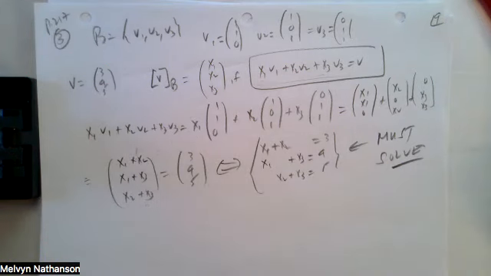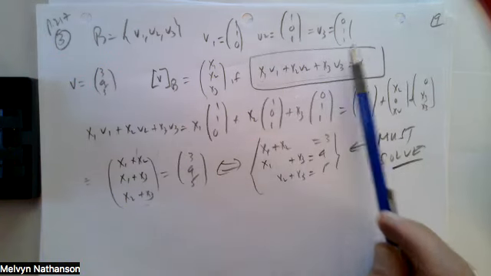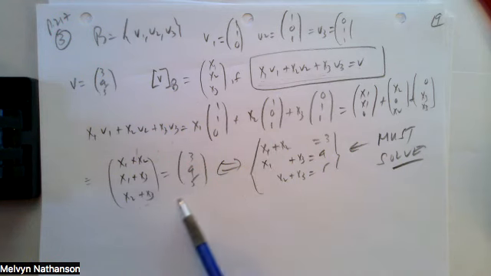But let me pause for a minute and give you a chance just to look at this so you understand how the problem is set up. This is what we do so we can start to solve the problem. We haven't solved the problem yet. We want to express the vector 3, 4, 5 as a linear combination of these 3 vectors. That means that this equals 3, 4, 5.